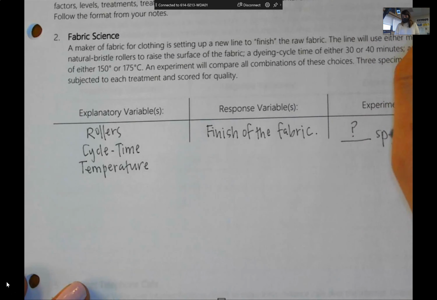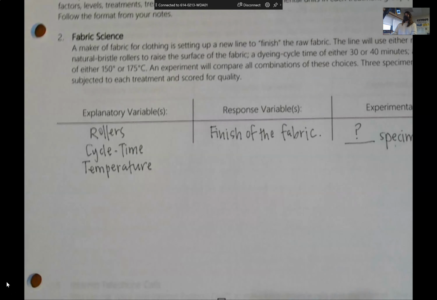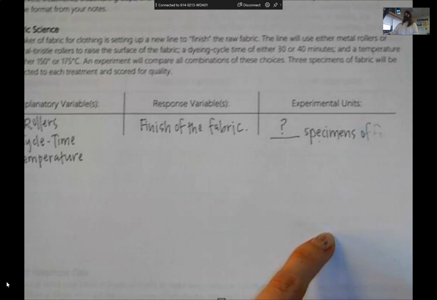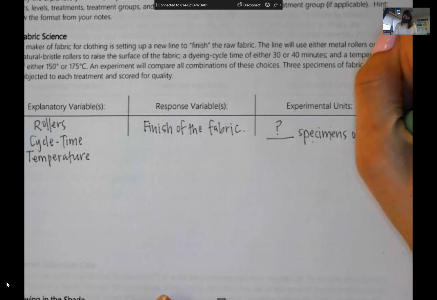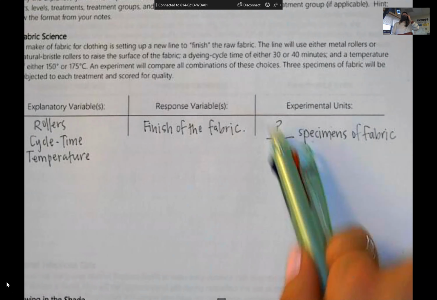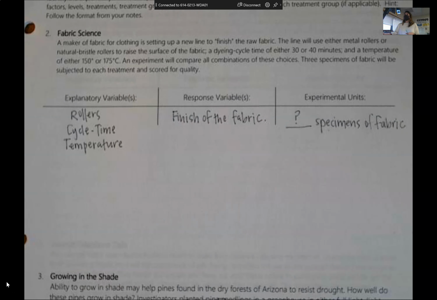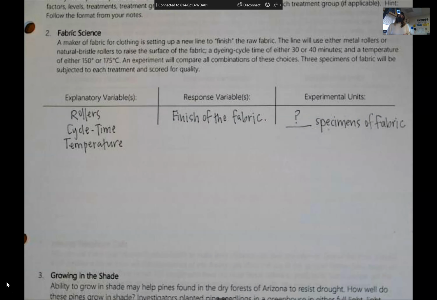I know they're specimens of fabric, but I'm not sure how many, because all the problem told me was that there's 3 per treatment group. But I don't know how many treatment groups I have yet. So I'm going to wait to fill in the number of experimental units until I can draw the picture of the treatment groups.